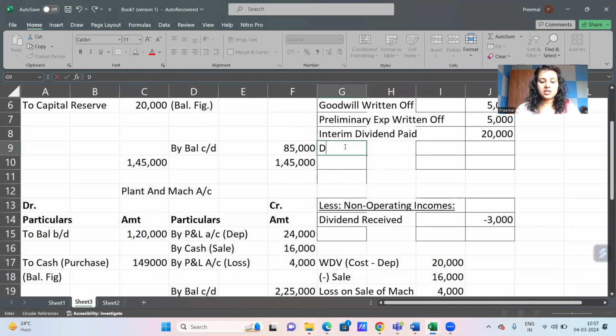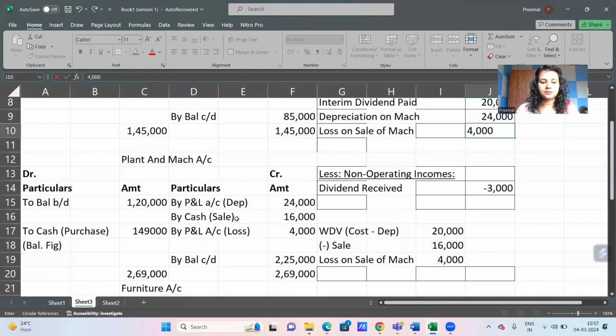Depreciation is a non-cash expense. So therefore, it will appear over here. Depreciation on machinery, amount 24,000. And also the loss on sale of machinery, which is a non-operating expense, amount of 4,000 gets transferred here.